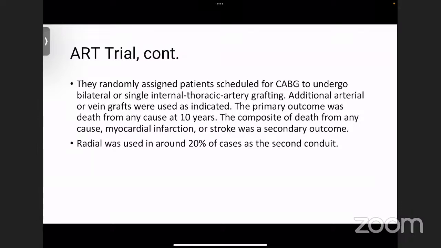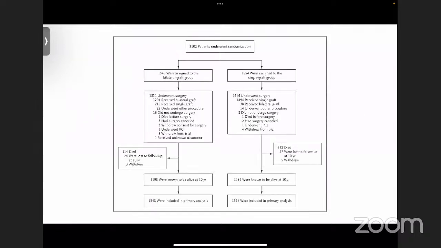Okay, so we already discussed it, I don't want to go over it again. Just note that the radial was used in 20% of these cases as a secondary conduit. I didn't put in the criticism because I don't think it's really a criticism of the trial. It was comparing, in terms of the goal of the trial, what it assessed.